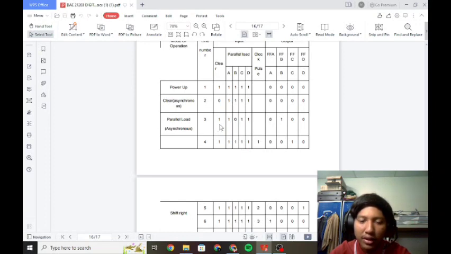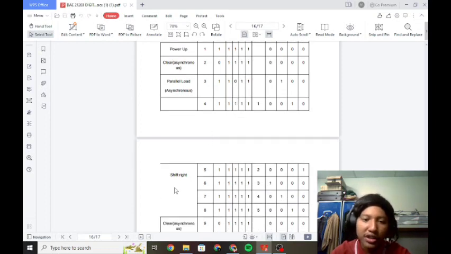When clear is 1, input A 1, input B 0, input C 1, input D 1 and clock pulse 0. We have a little bit different results from before. That is, output A will be 0, output B will be 1. That means the LED is turned on, and output C will be 0 and output D will be 0.